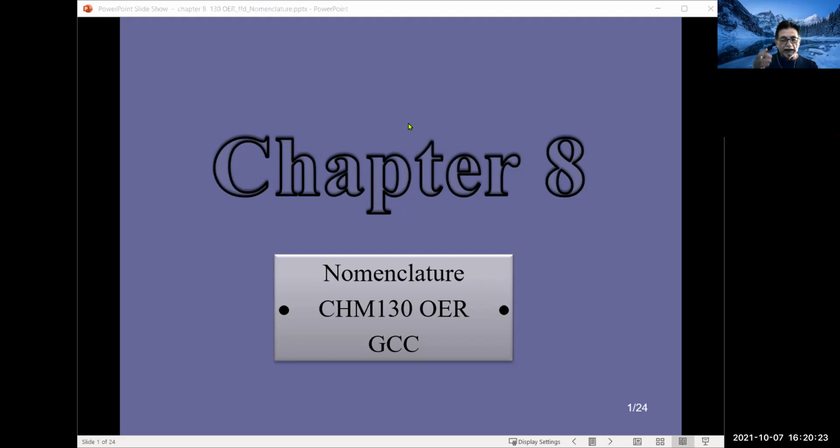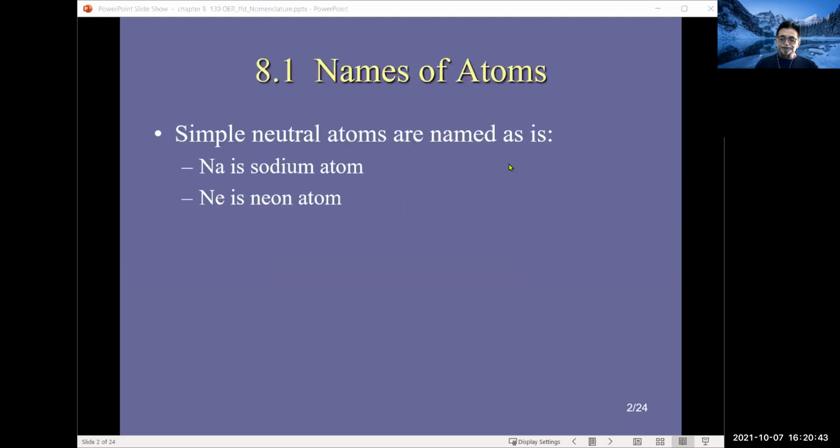Then we learned about what kind of change they can undergo. And now we're going to put those changes together to make compounds. And then we're going to learn how to name these compounds. And then eventually we're going to start talking about getting these compounds to react with each other. All right? So let us begin.